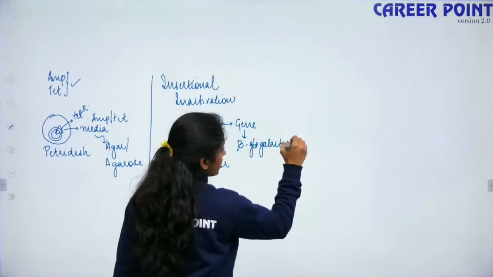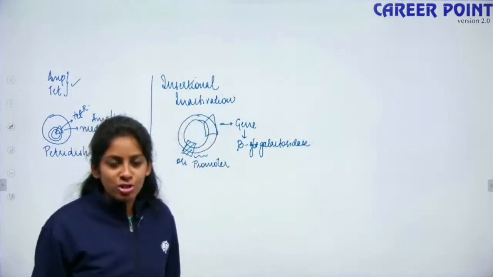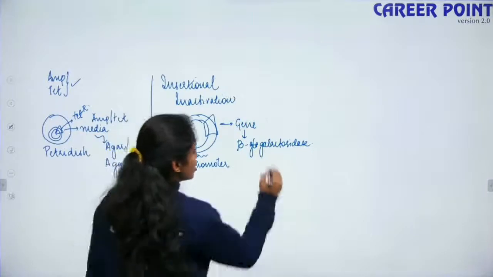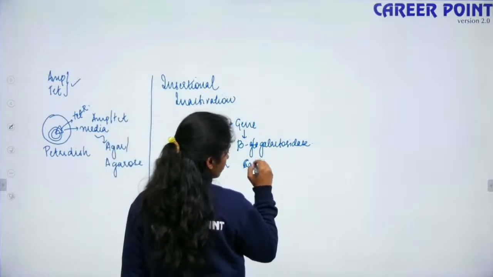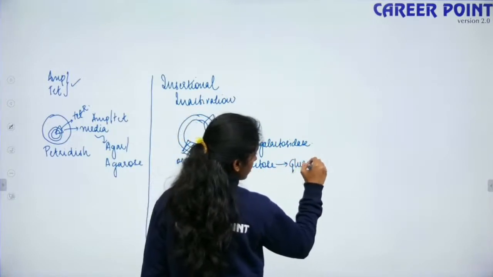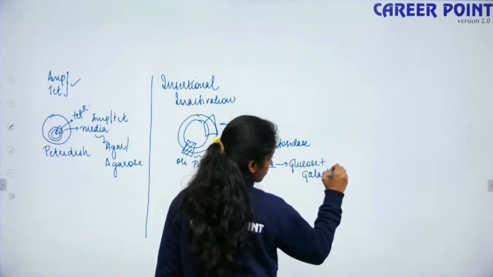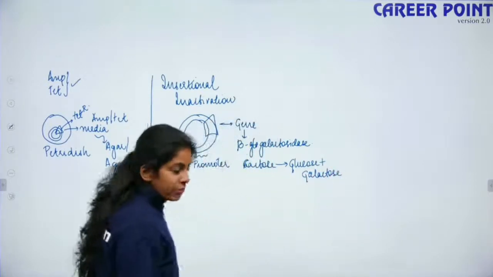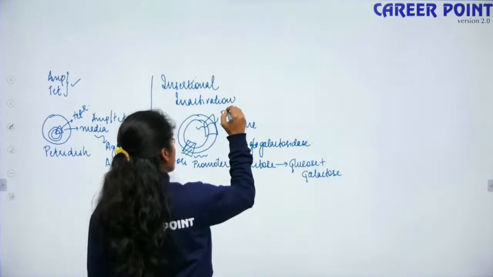So we know what beta-galactosidase does. We have read in regulation of gene expression in molecular basis, right? Beta-galactosidase breaks your lactose into glucose plus galactose, right? Now in this gene, I make sure I have a restriction site.